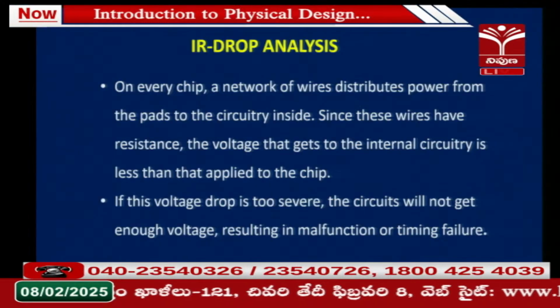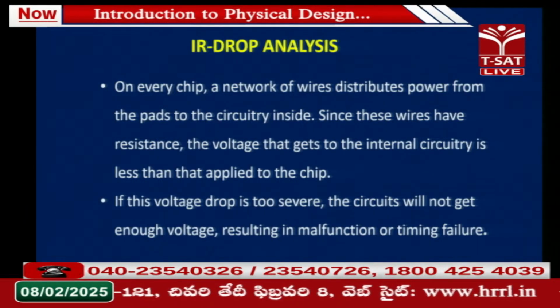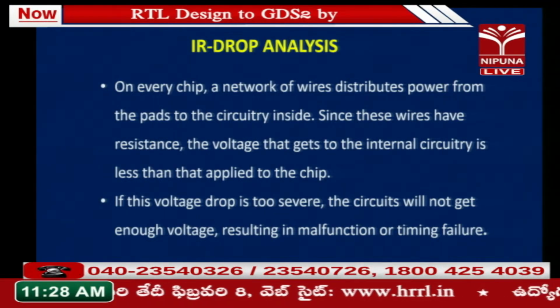Each and every standard cell or IP, any component in your ASIC, must get at least 0.9 volts or more, such as 0.95 or 0.96, any value above 0.9 volts. That check we can do as a part of IR drop analysis. Each and every instance must get a voltage of more than 0.9 volts.